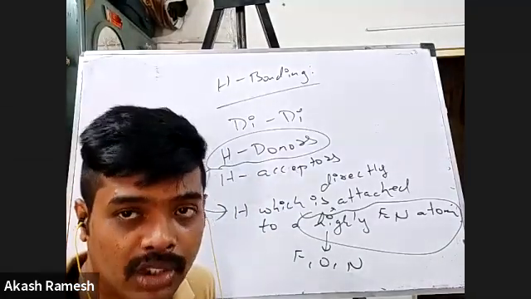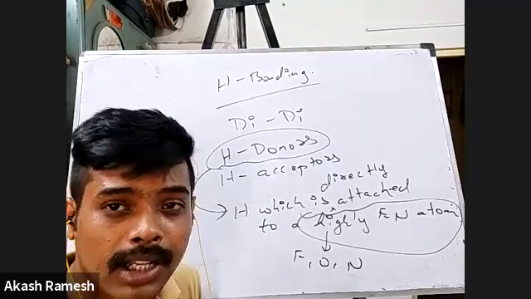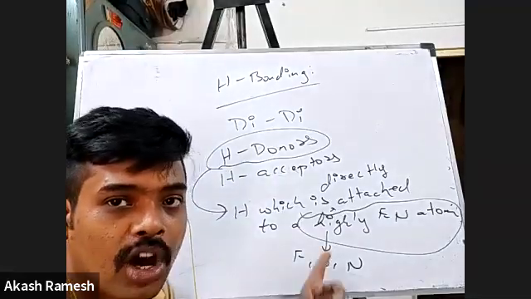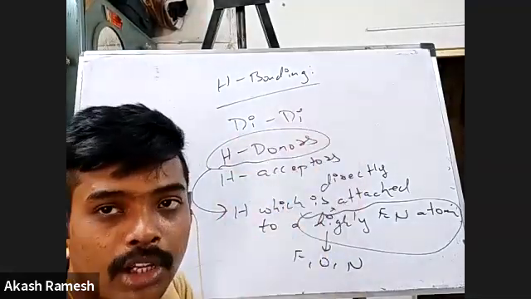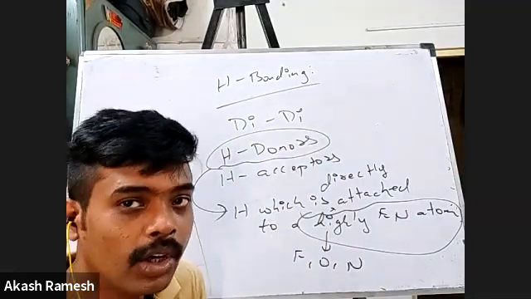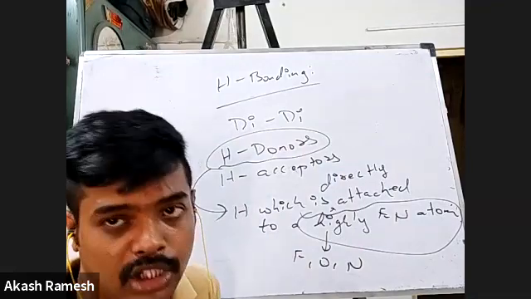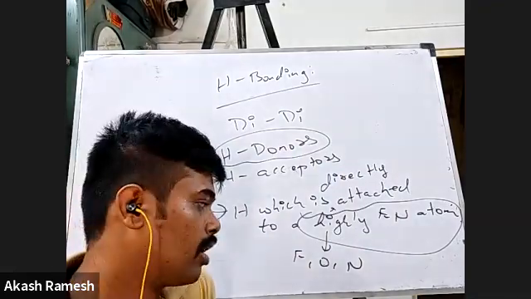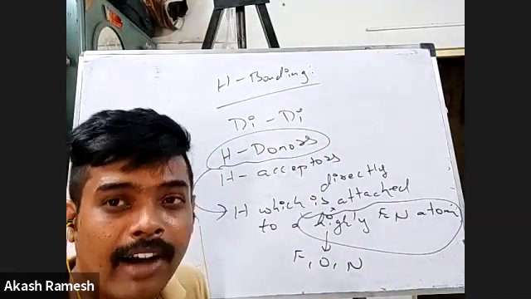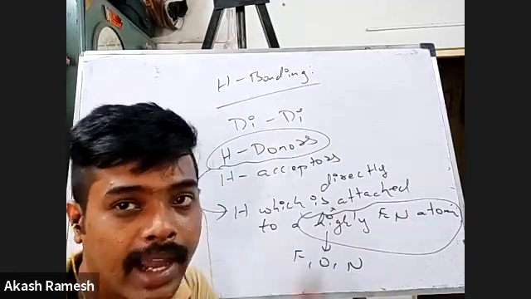Whenever you see there is a hydrogen atom attached to any of these, fluorine, oxygen, or nitrogen, those kind of molecules can act as hydrogen donors. So obviously HF molecule, or water molecule, and I have ammonia. What happens in ammonia? You see there is NH3 and there is a direct NH bond.